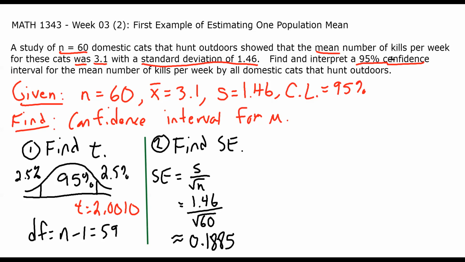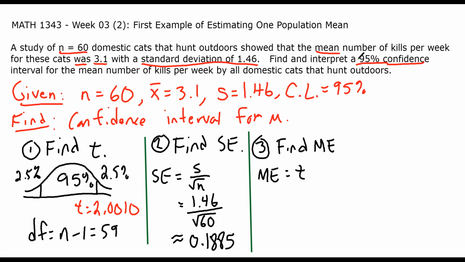All right, let's do step 3. Step 3 is to calculate the margin of error, but this is the easy step regardless of the type of confidence interval you're doing. Because to find the margin of error, you always just multiply the answer to the first question, T, times the answer to the second one, standard error. Our T was 2.0010.